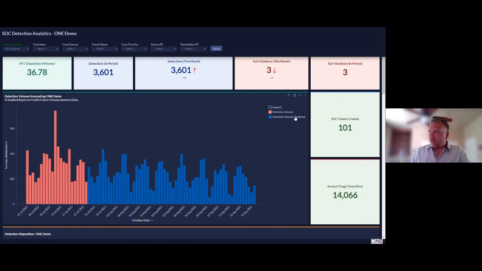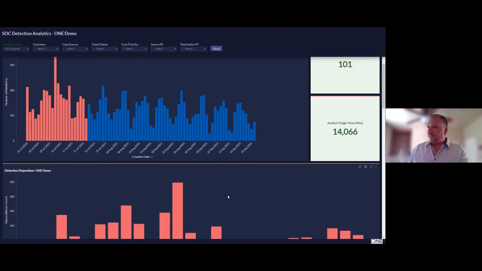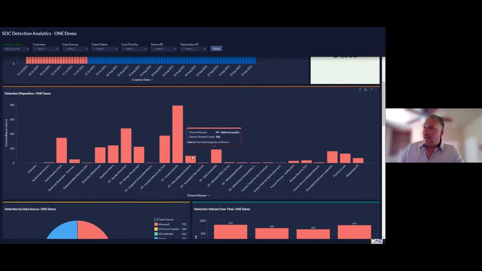The other thing I want to point out in this screen, there is AI built in, so you can actually see the detection volume trends. Obviously, the more data we have, we get more insight into the future. There's a number of other charts, some of that were listed on the slide previously. I won't cover them all, but the point is it's more of the same in terms of different breakdowns. So you can actually see, out of those 3,600 events that came in, show me the disposition.